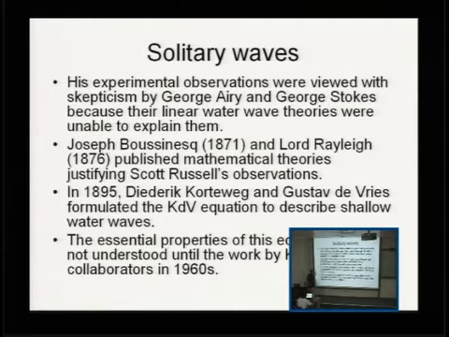And the really important breakthrough is 1895, when Korteweg and de Vries derived the KdV equation, and that was able to establish that such a wave can have a different governing equation.